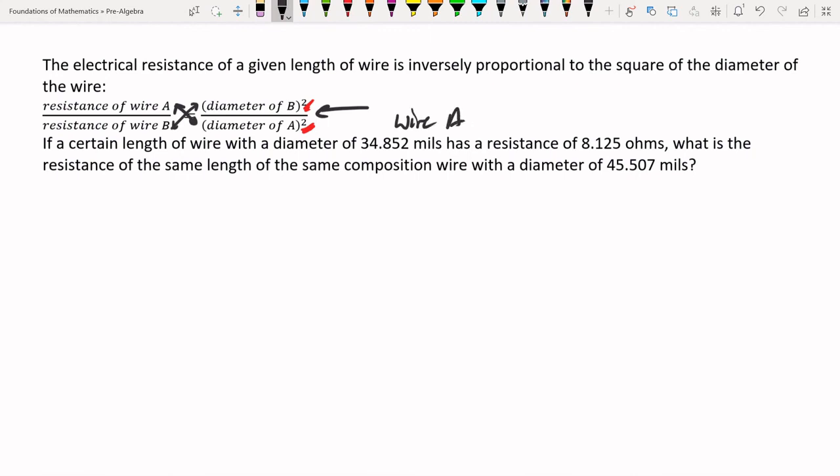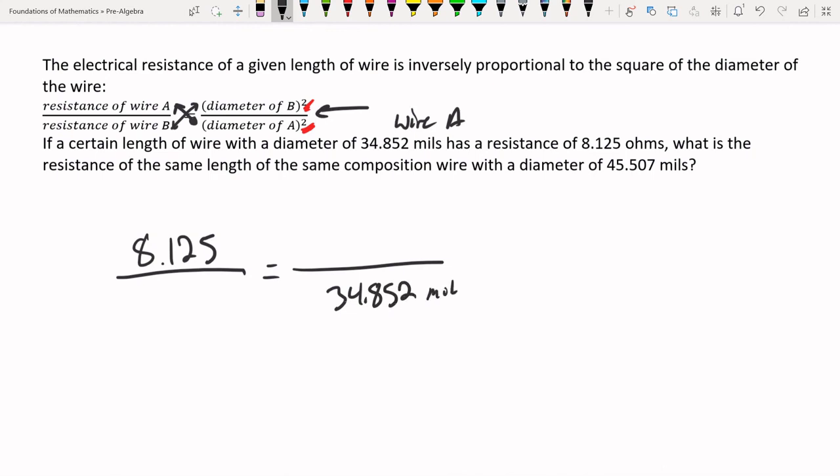So we have a resistance of 8.125 ohms. I'll not write the units. Equals 34.852 mils. A mil, if you don't know, is 0.001 of an inch. It's just a very small unit of measurement for the US standard units.